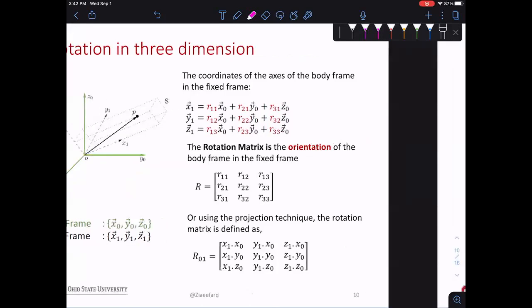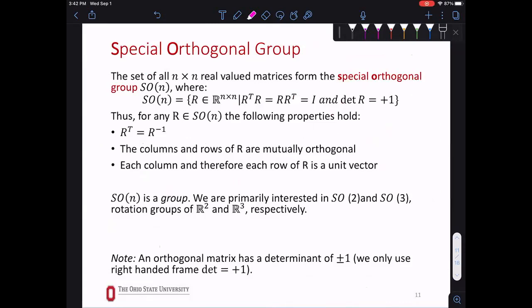Now, the good thing about rotation matrices is that they have some properties that you use later and they're very beneficial. One of them is that the transpose is equal to the inverse. R transpose equals R inverse because they belong to a special orthogonal group, SO(N), but since we are in 2 and 3 dimensions, we only deal with SO(2) and SO(3).